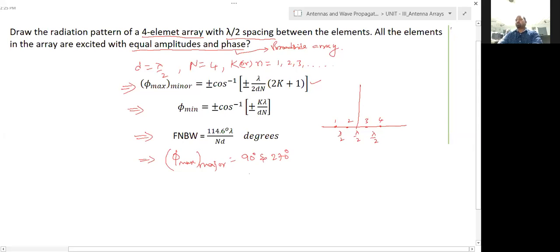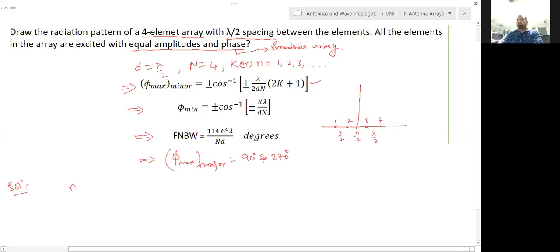Using the formulas, we need to determine maximum directions of minor lobe, null directions, and first null beam width, and then we can draw the radiation pattern, right?